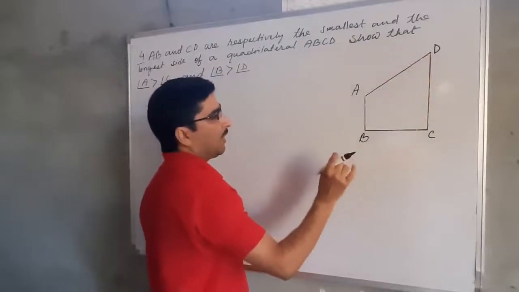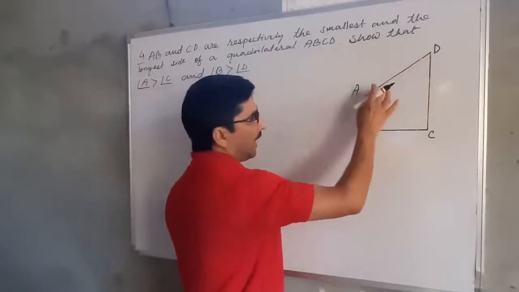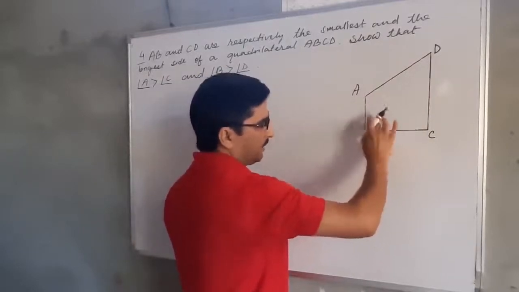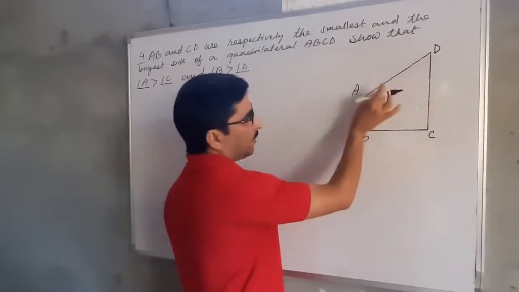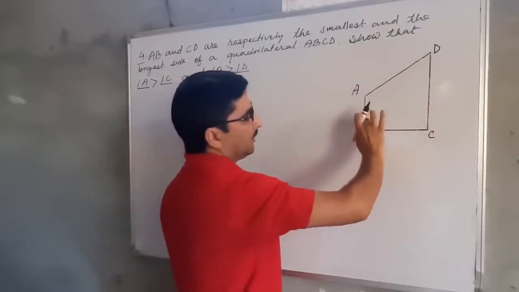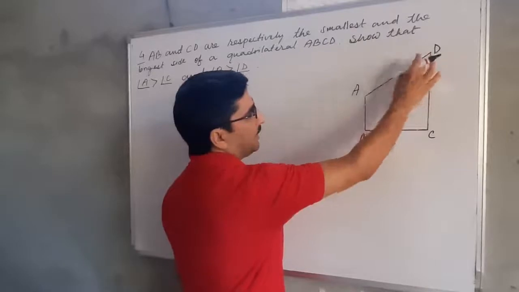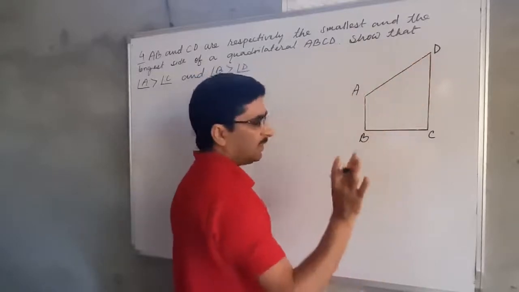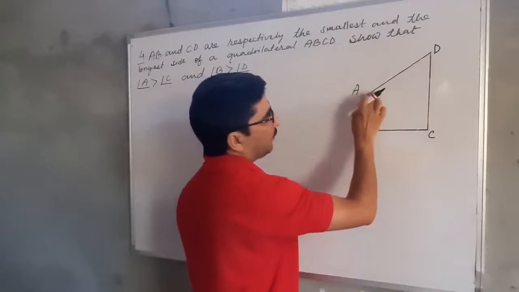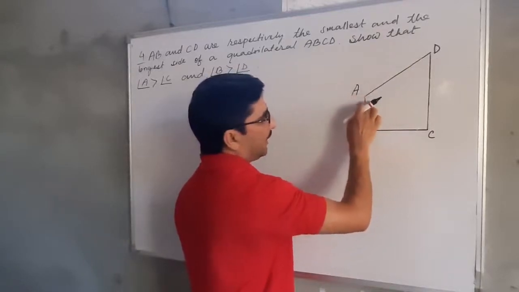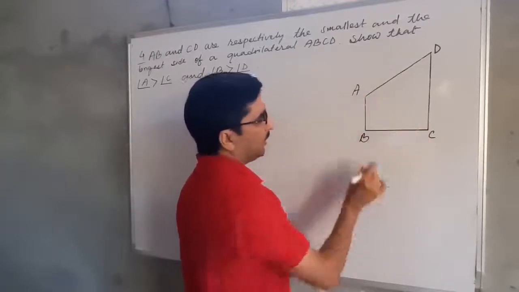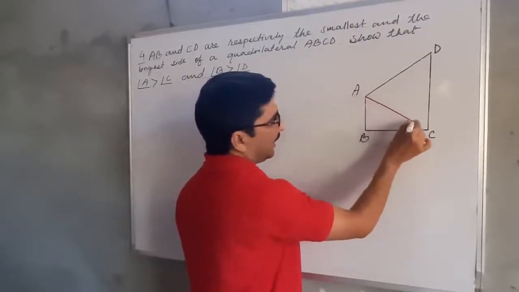I will show how to prove A is greater than C, and in the same way you will have to do B is greater than D. That is your part. To prove angle A is greater than angle C, you draw diagonal AC.